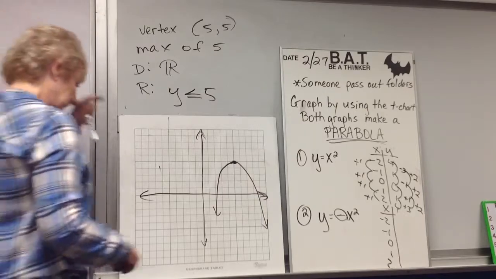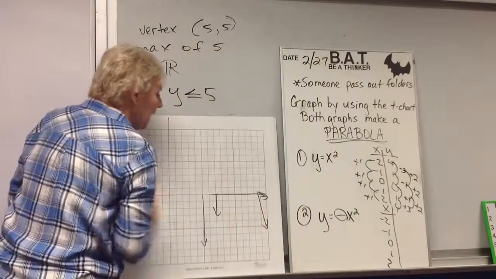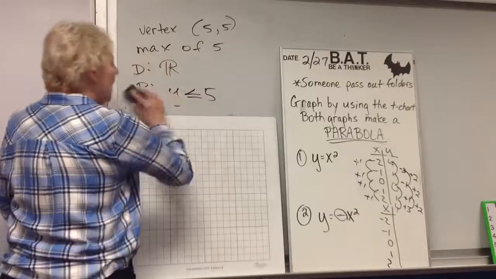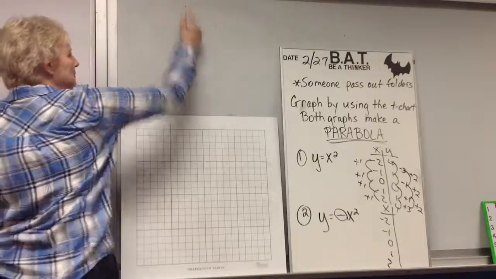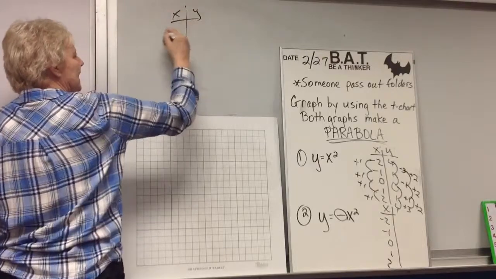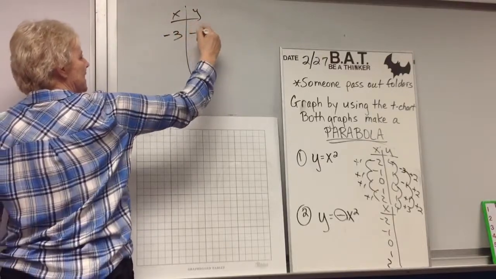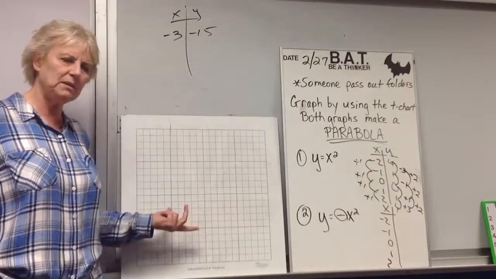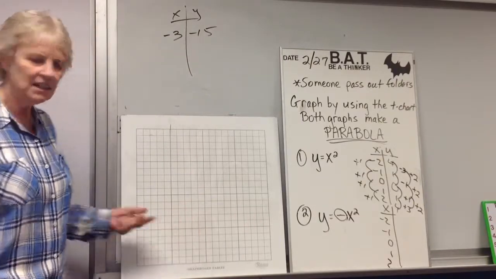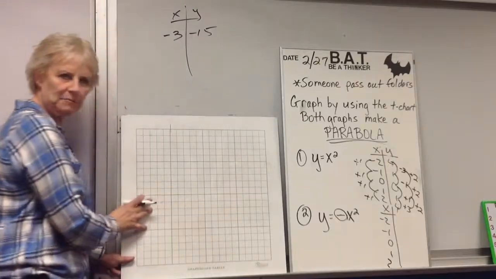All right. Sometimes you're going to have some story problems with some crazy numbers. And you might be doing a T-chart and getting -3, -15. Now you know that my coordinate planes don't go to -15. So you're going to be getting a blank graph from now on.